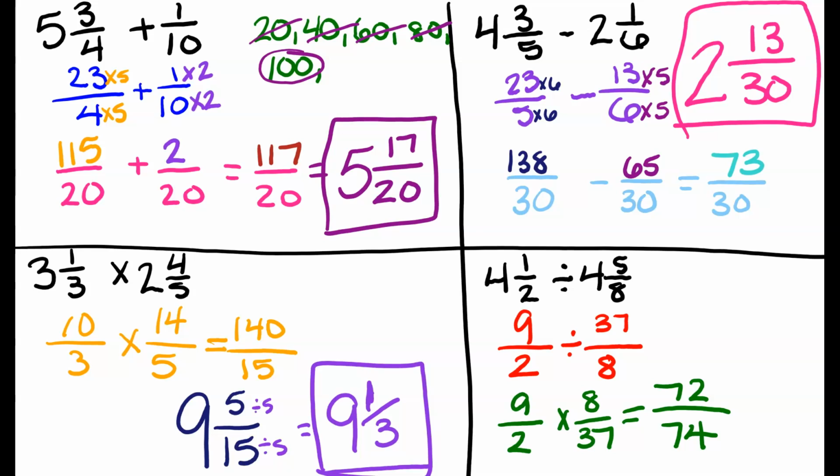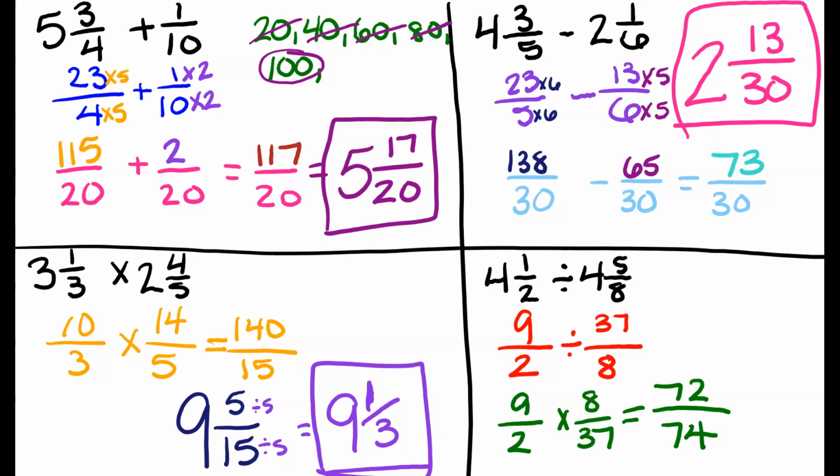I can see that I can at least take a 2 out of both of these numbers because they're both even, and I know 2 can always go into even numbers. Maybe there's a larger number that can go into both, but for sure I know 2 can, so I'm going to start there.